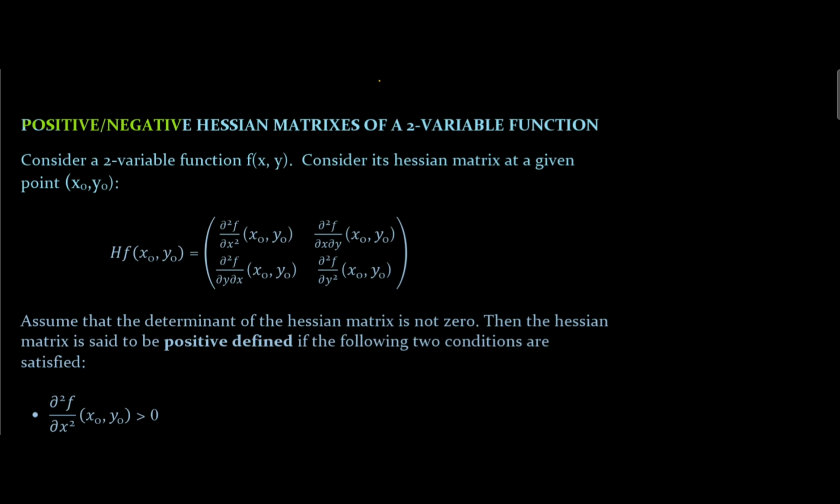We're only going to study this condition for a two-variable function. Let's write down the Hessian matrix when substituted at that critical point or at a given point. Then we have the second order derivative according to x twice, the second order according to x and y and y and x, which both coincide, and the second order according to y twice.